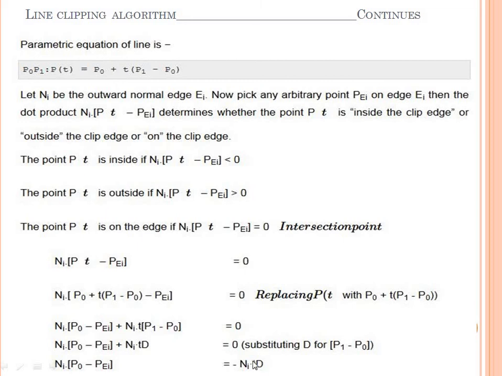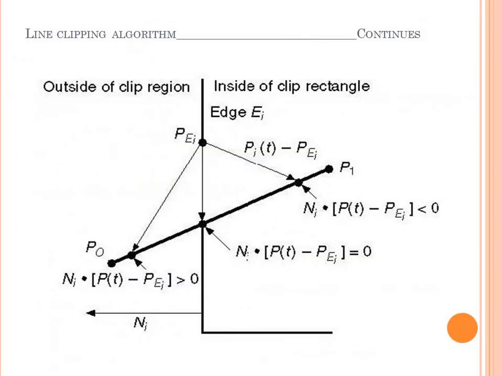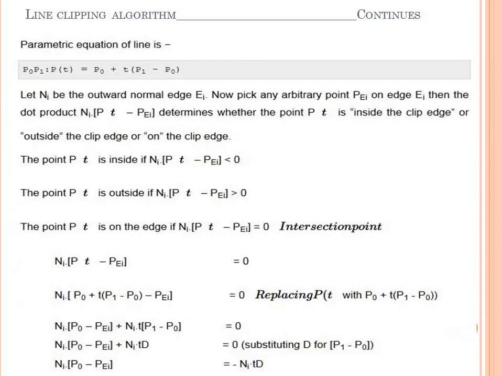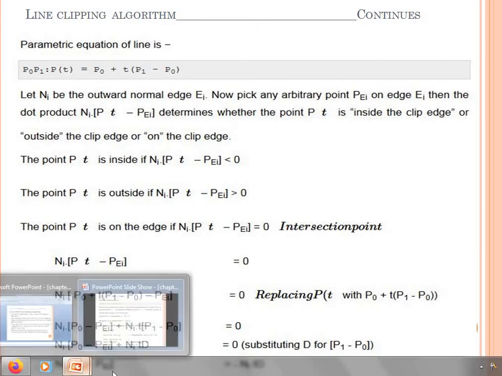So t is equal to minus Ni into P0 minus Pei divided by Ni into d. Substituting this, the t formula is equal to Ni of P0 minus Pei divided by Ni into d, with the sign as derived.